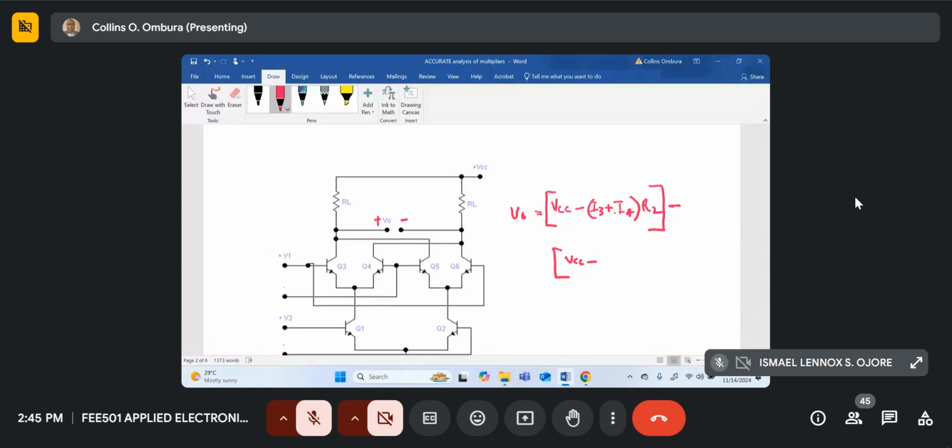Minus I4 plus... so this gives you the output voltage. This will give you the output voltage. Now the output voltage V naught can be written as the differential current into RL.